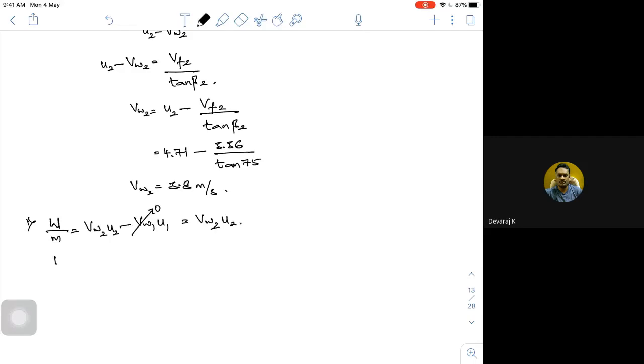So W by M is equal to 3.8 into U2, which is 4.71, which is equal to 17.95 Newton meter per kg or joules per kg.